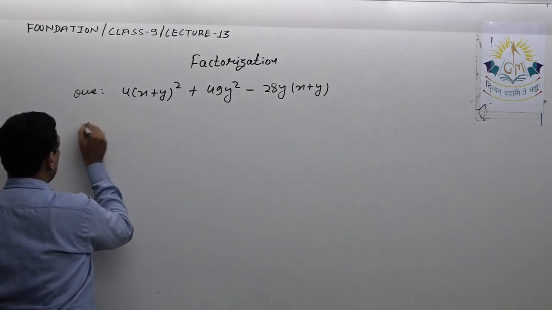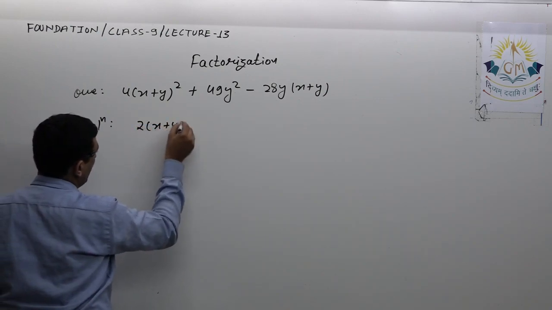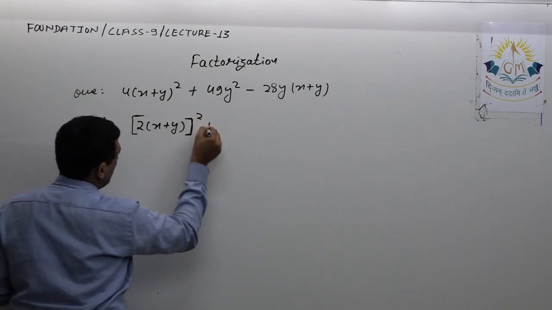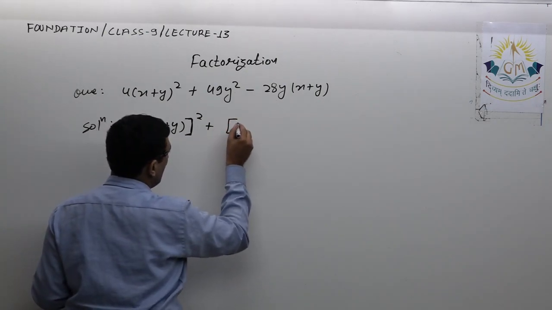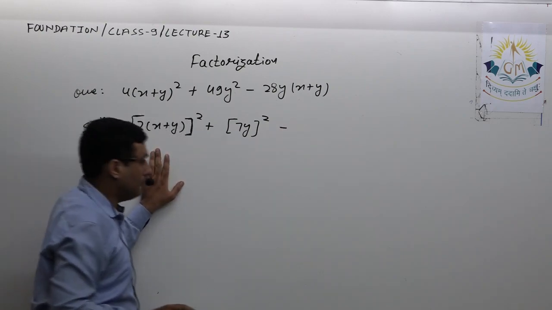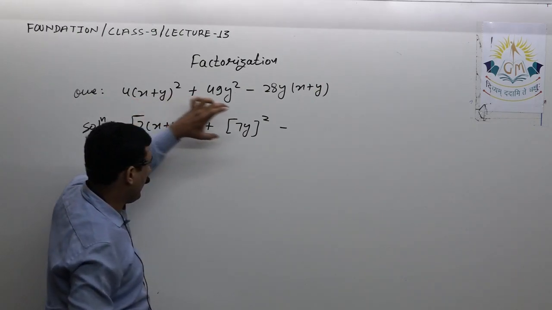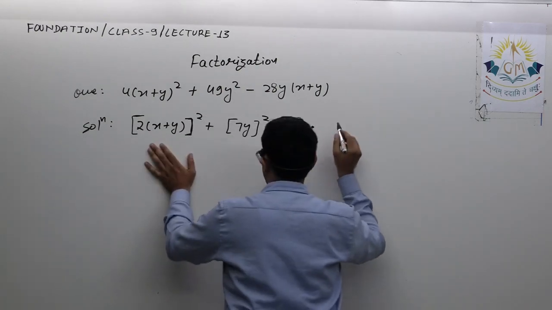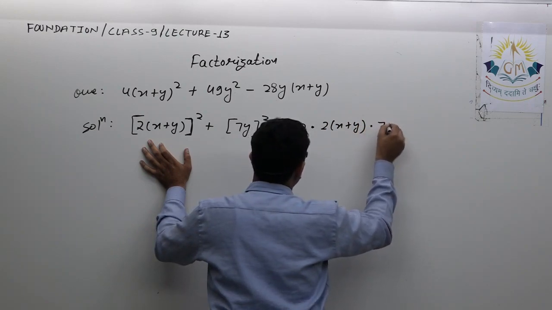For that, I will write the first term in the complete square form, that is (2x plus y) whole square. And I will write the second term in the form of b square, that is (7y) whole square. Now if this is the identity of (a minus b) square, then this is a square plus b square, and the next term should be minus 2 into a into b. Here a is 2x plus y and b is 7y.